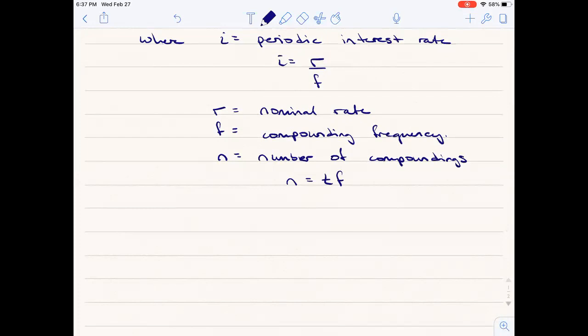For time, t is time in years, just like it was for simple interest. So t stays the same, r stays the same as before, but now we have to calculate n instead of t and i instead of r. Any questions about that from last day? All right.